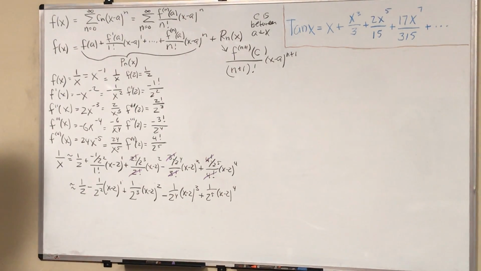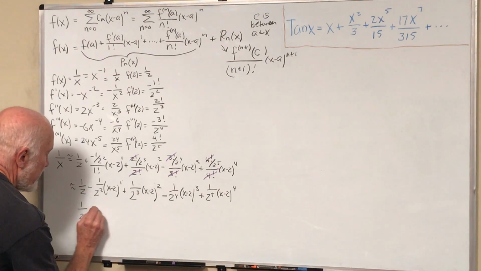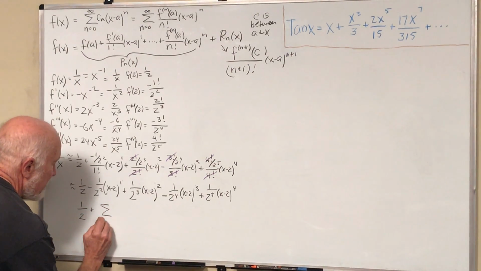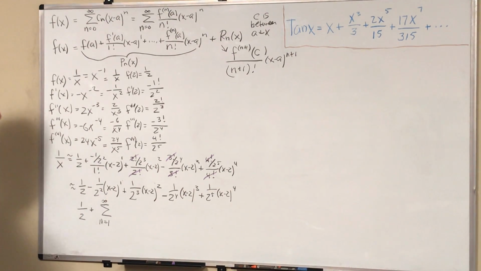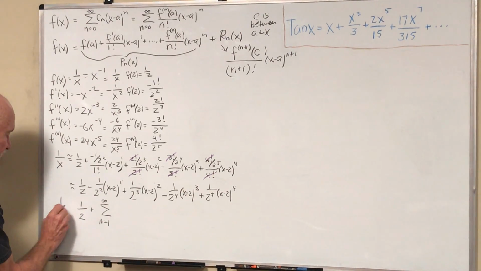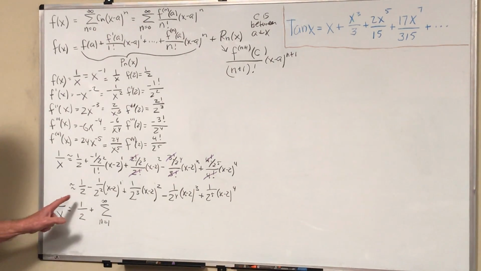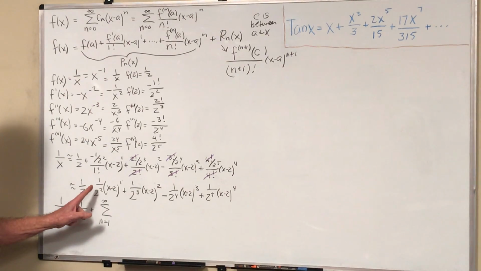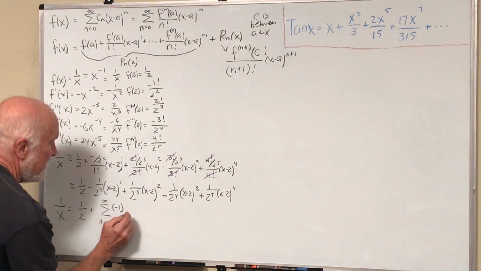And we see a pattern. So I could actually write this as a summation, starting at n equals 1 to infinity. Now it's going to be exactly equal, because I'm going to write it as a summation. So what do I see? It's alternating.